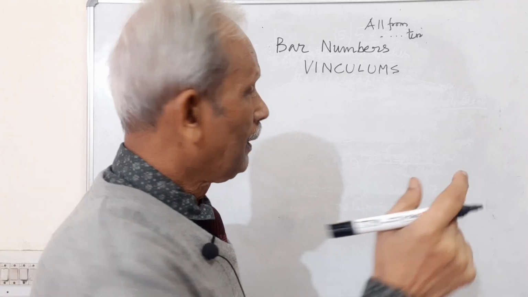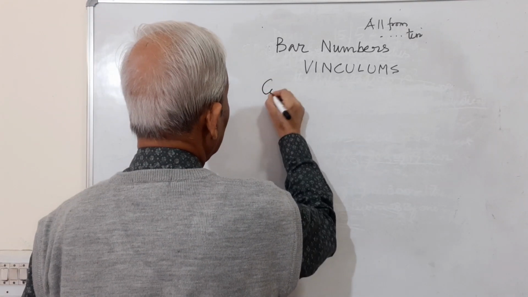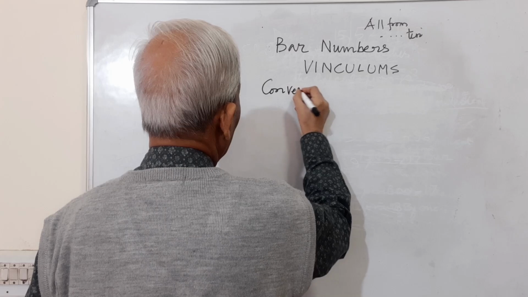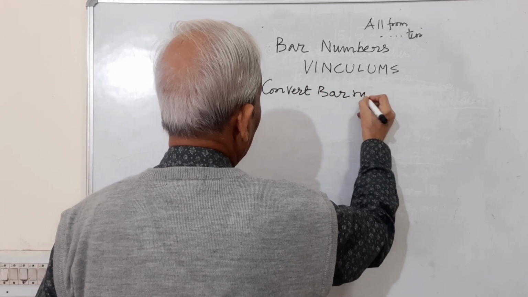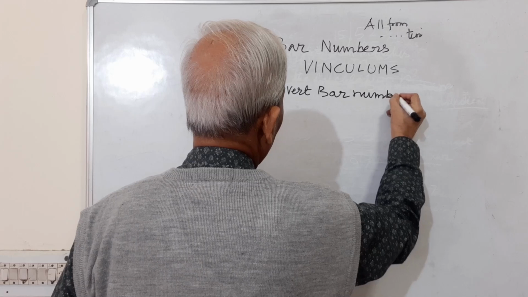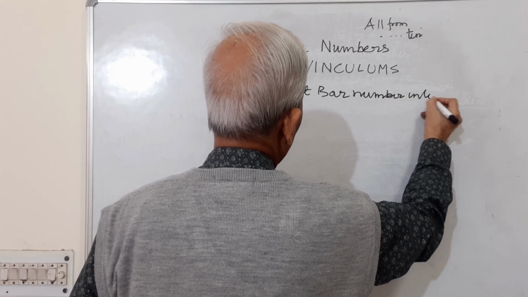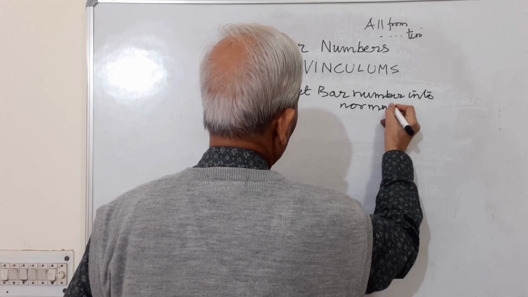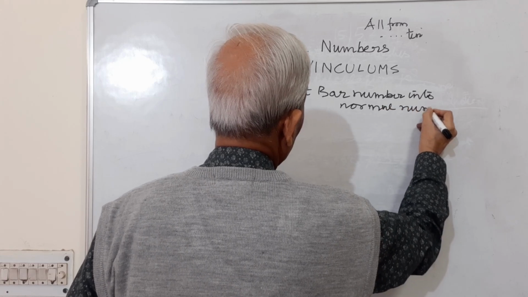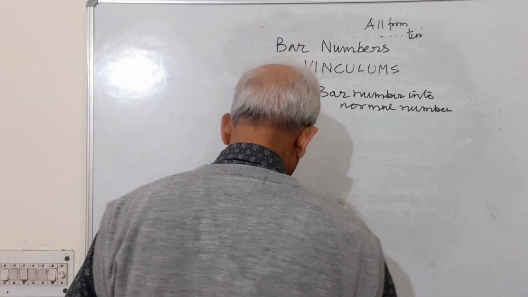Devinculated, right? Convert bar number into normal number. Let us see some examples.